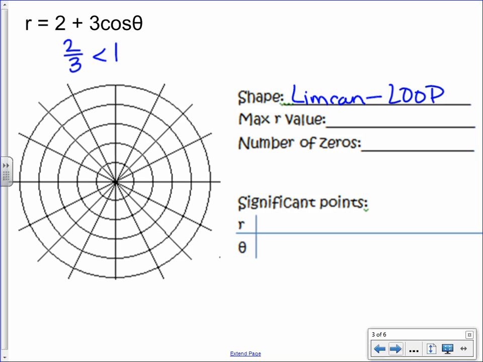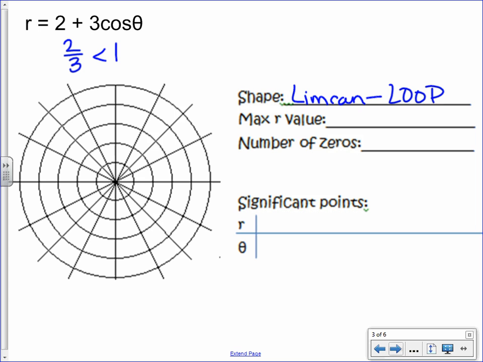Okay. Our max R value will be what? Look at your green sheet. What's your max R value?